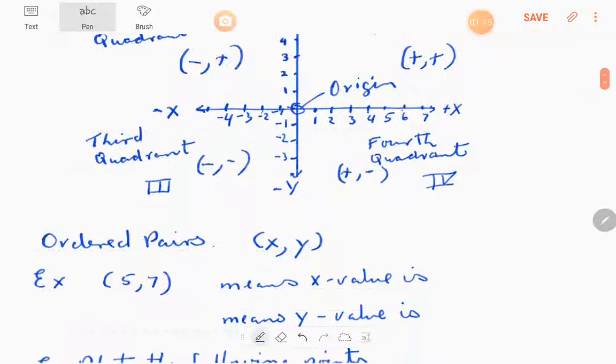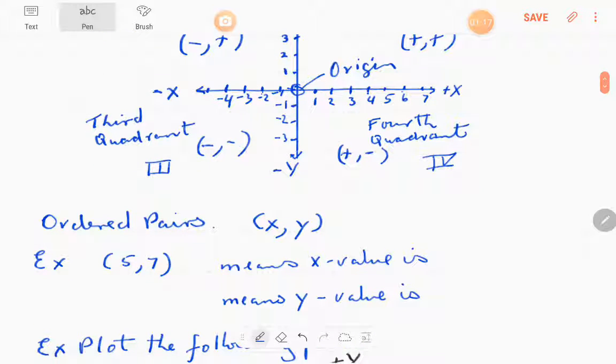So naturally, we have the ordered pair where the x value always comes first. So first we always go with the x, and second is the y value.